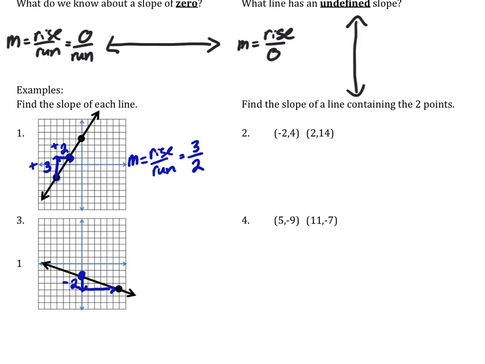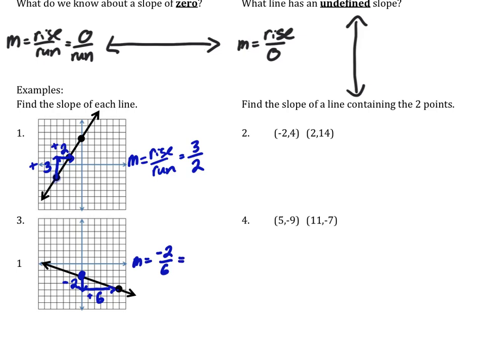And then when we went right, we went right 1, 2, 3, 4, 5, it looks like 6 spaces there. And that's to the right, which is positive. If you go to the left, that's the negative horizontal movement. We want to write this now as a fraction, rise over run. So that would be -2/6.